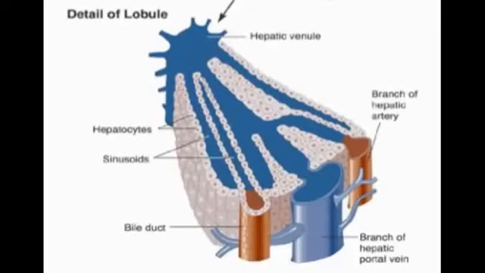So in that structure, we have direct communication between the non-oxygenated blood full of nutrients and the oxygenated blood. This is the place where the oxygen reaches the nutrients and all the metabolism starts. It's like opening the door of a stove to have more oxygen so the fire goes stronger.